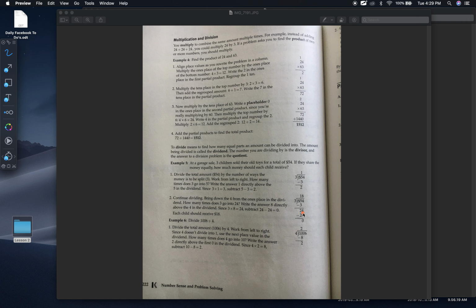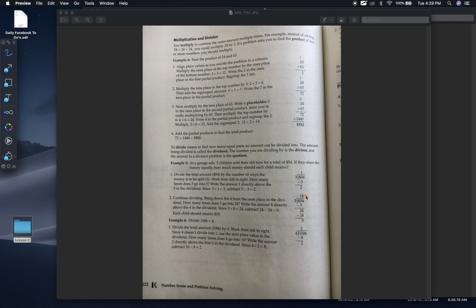3 goes into 24. So you put 8 up here. You always put it over the number that you last used from here, which was the 4 that you brought down. 3 times 8, or 8 times 3, is 24. So put 24 under here. Then get the sum of this. 24 minus 24 is 0. So you know your answer is 18.